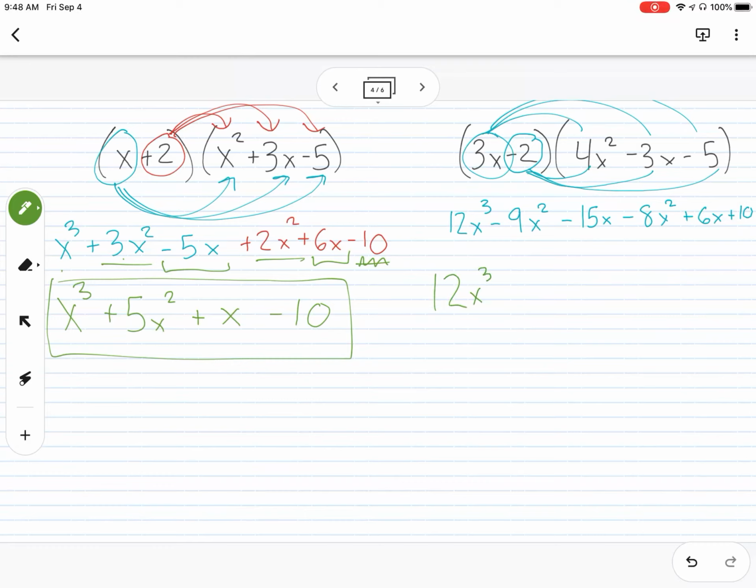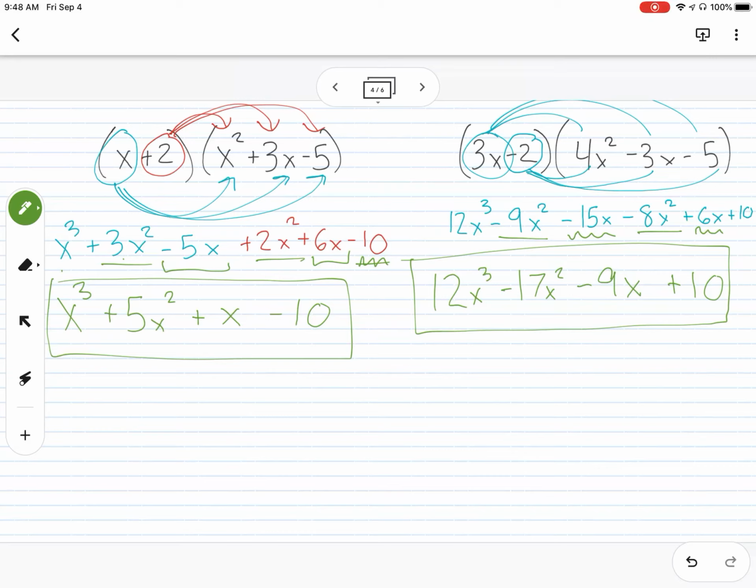Like terms, we got negative 9x squared minus 8x squared would be negative 17x squared. Negative 15x plus 6x would be minus 9x. And then the plus 10 comes down. There we go.